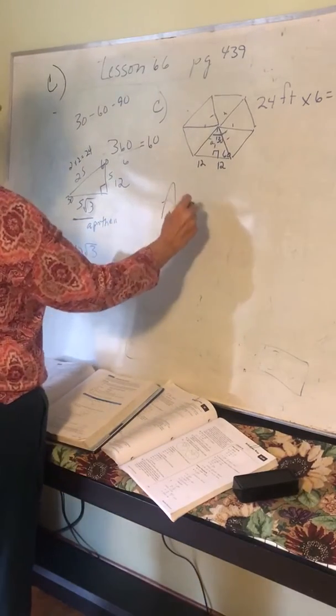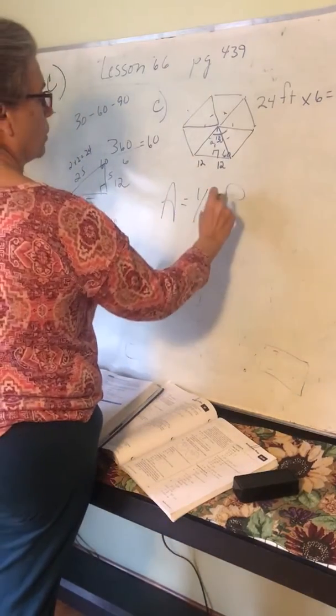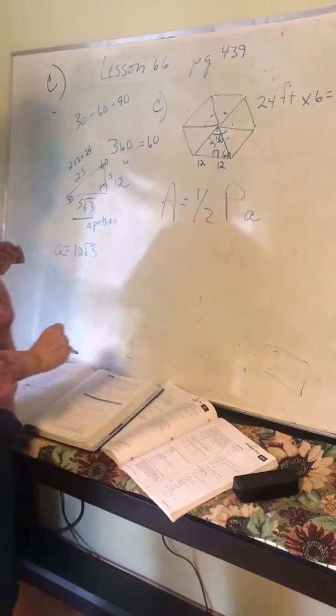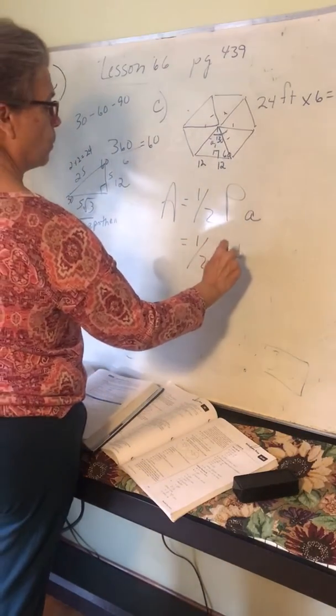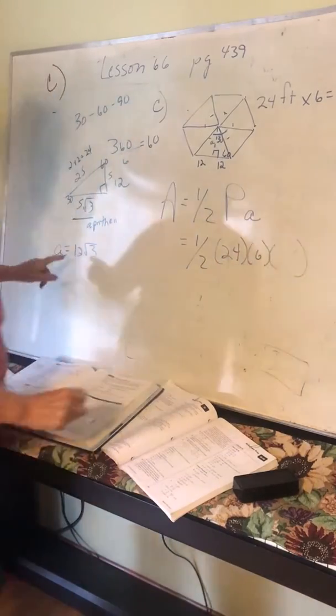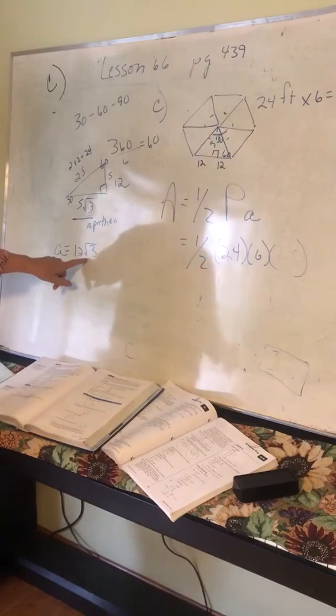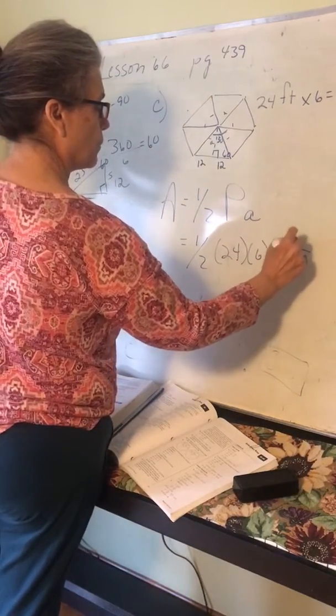Remember, the area is 1/2 times the perimeter times the apothem. So it's equal to 1/2 times 24 times 6 times the A that we figured down here of 12 square root of 3.